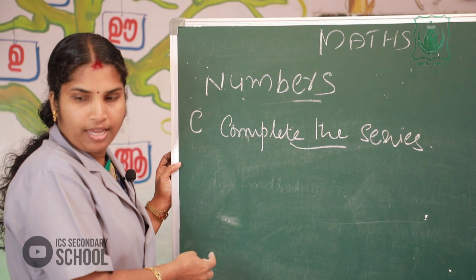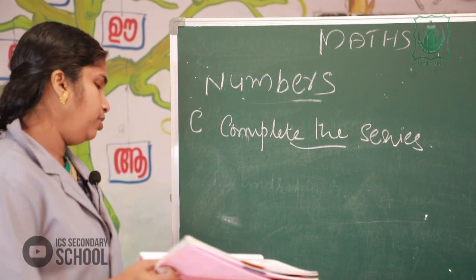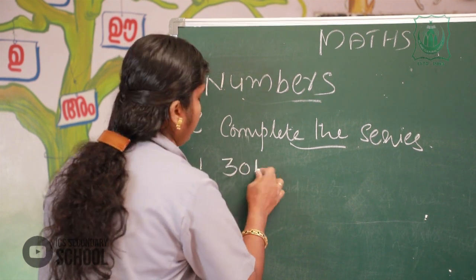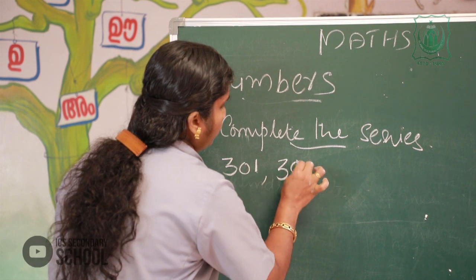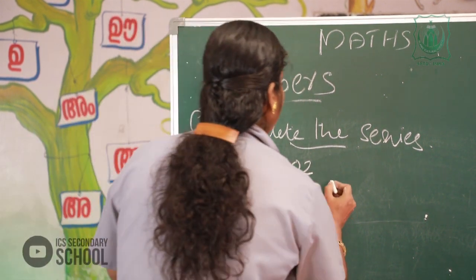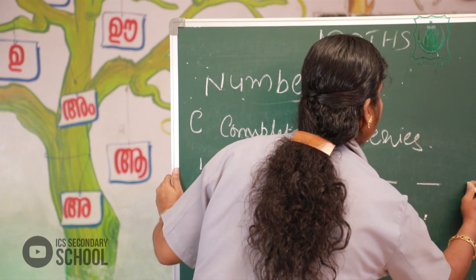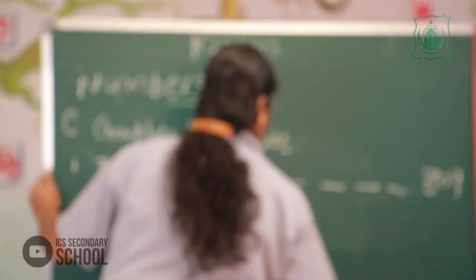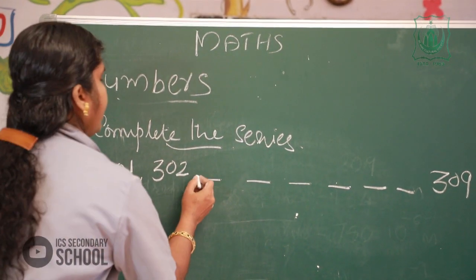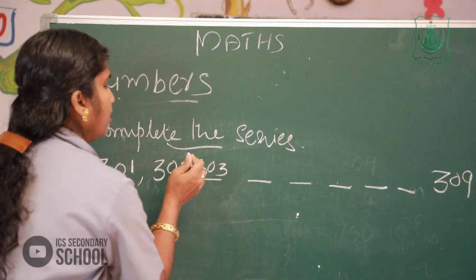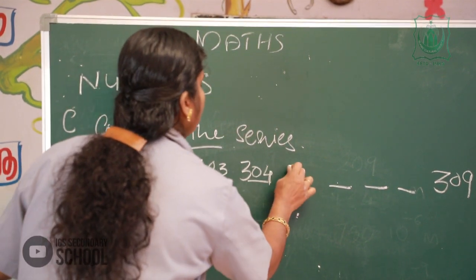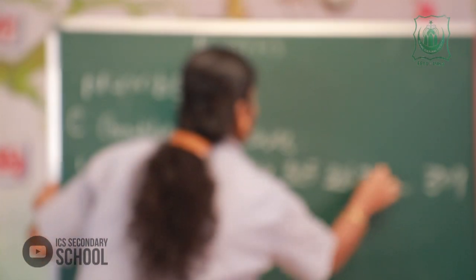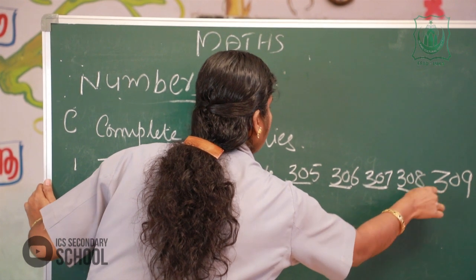First one: 301, 302, and last 309. Next: 303, 304, 305, 306, 307, 308.